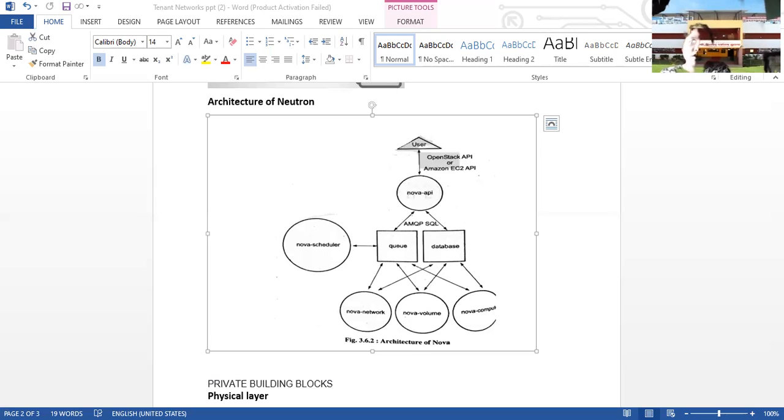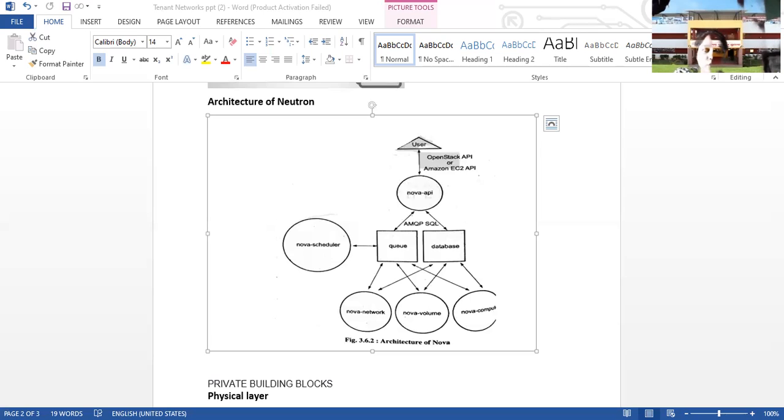In practice, however, it will grow to be one of the most complex pieces, as it needs to factor in the current state of the entire cloud infrastructure and apply complicated algorithms to ensure efficient use. Nova scheduler implements a pluggable architecture that lets you choose or write your own algorithm for scheduling.